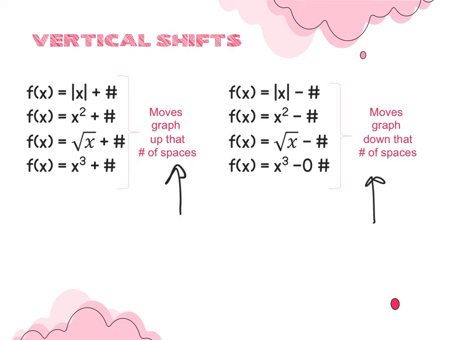So here, for example, if I have an x squared function, there would be a number being added to the x squared, and this would tell me that I would move it 4 spaces up. If it's being subtracted from a function, let's say it's x cubed, then this would be a vertical shift 2 units down. So that's what we do when we shift it up and down.